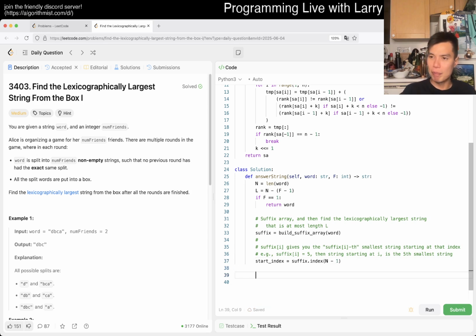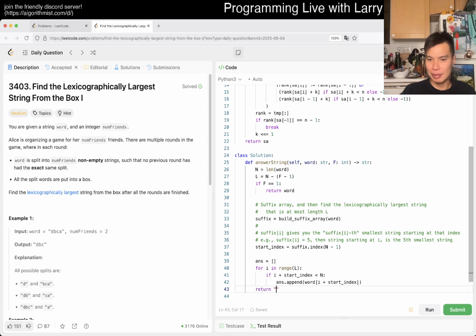And then now we just go answer for I in range of L, and the reason is because we still only want at most L, right? Answer that append word sub I plus start index, but only if I plus start index is less than n, right? And then that's it.